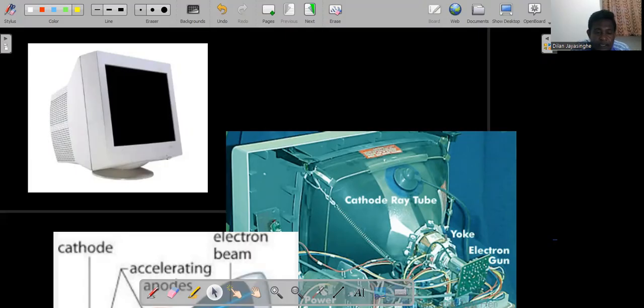Actually, it uses cathode ray tube technology to output the display.